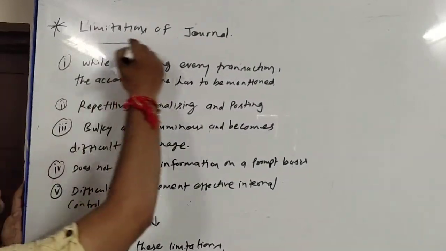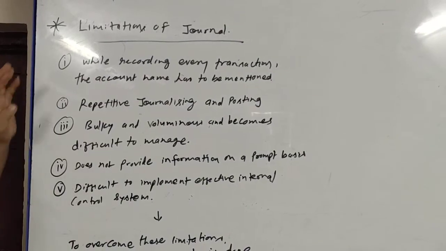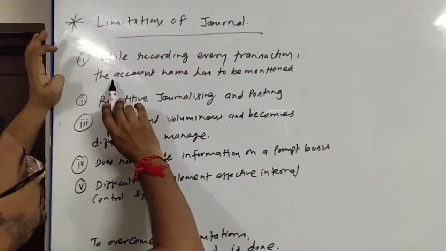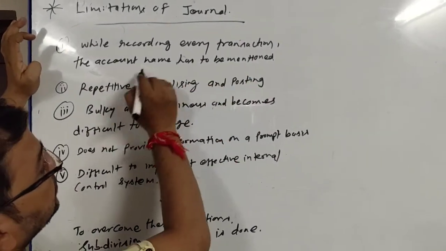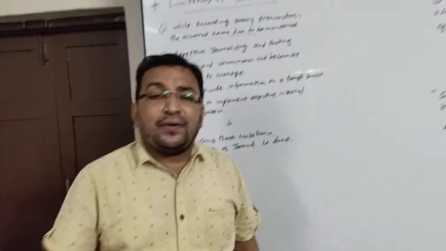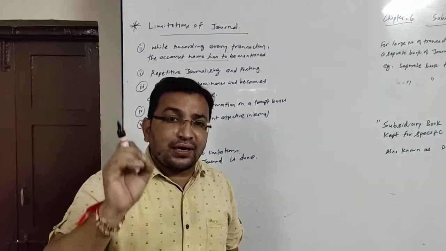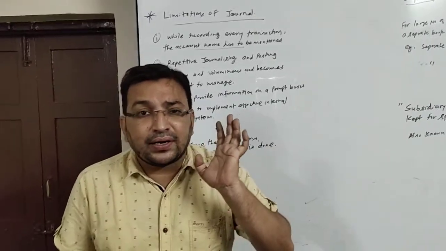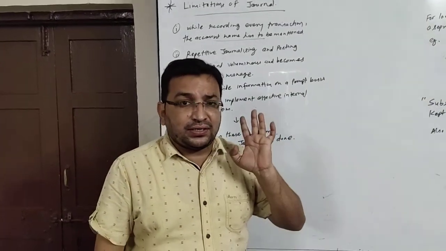So the topic for today is limitation of journal. Which are the limitations of journal? The first one is, while recording every transaction, the account name is to be mentioned. Each and every time when we are recording a particular transaction, we need to write all affected accounts related to the transaction.